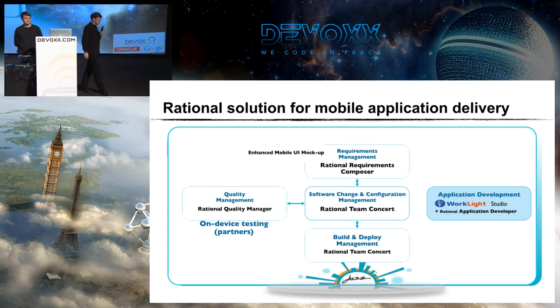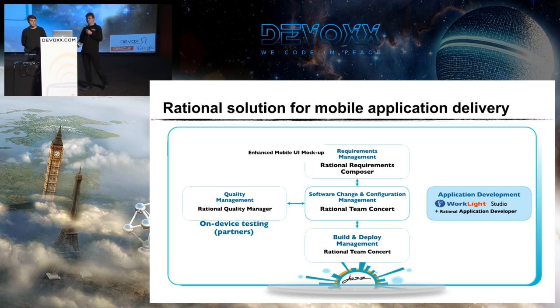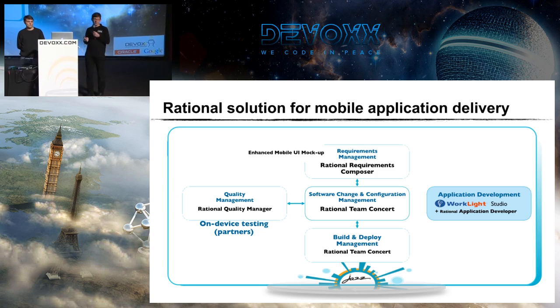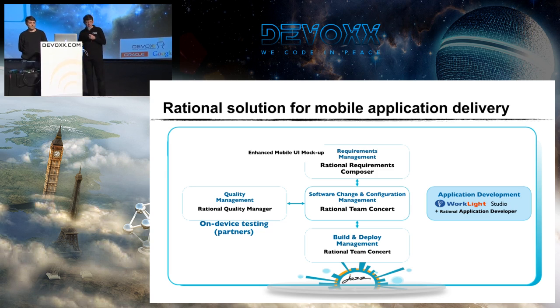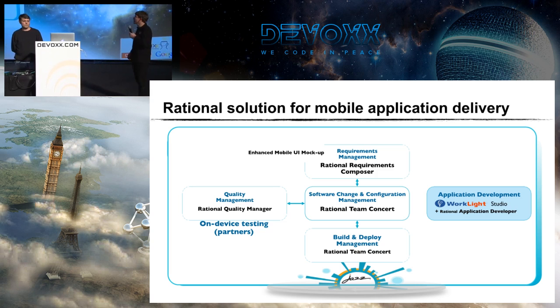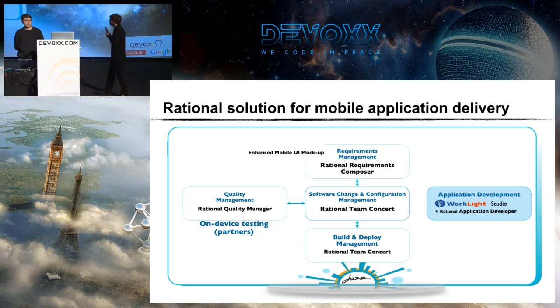Now, within that solution, there is a number of components. We will start out with a tool called Requirements Composer for requirements management. We will have the tool Rational Team Concert, which will be all about the change and configuration management, but also managing your planning. So we will see that we will be able to work in an agile way, and in the demo we will use a Scrum-like setup, which will be managed in the Rational Team Concert.